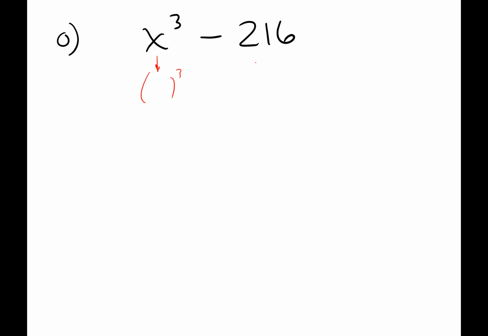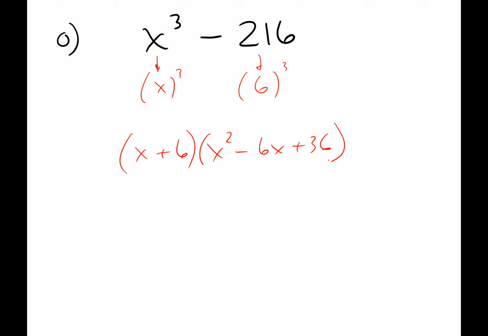So I got two people that said it. It is just a 6, is that true? Because you switch it around. 6 times 6 is 36, and then 36 times another 6 makes 216. Actually, no, it would be positive. Perfecto. x plus 6, as Noah said, then it's x squared minus 6x plus 36.